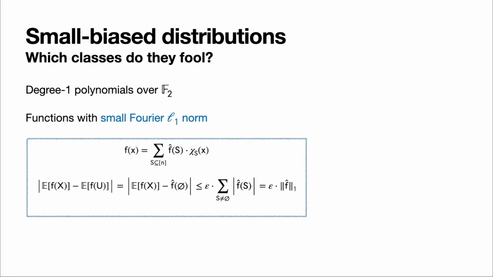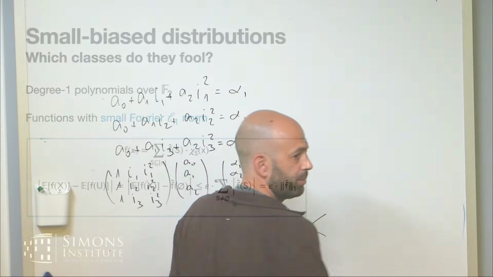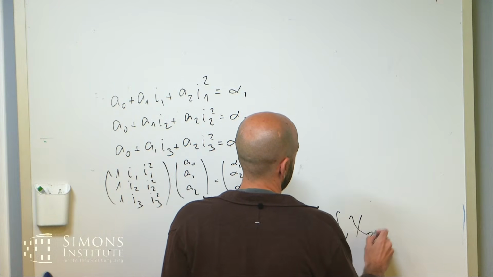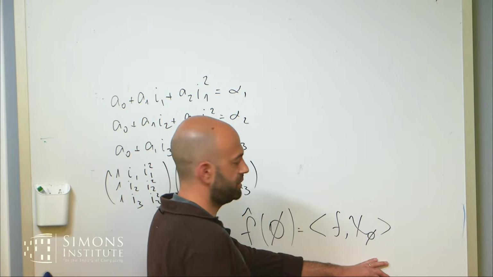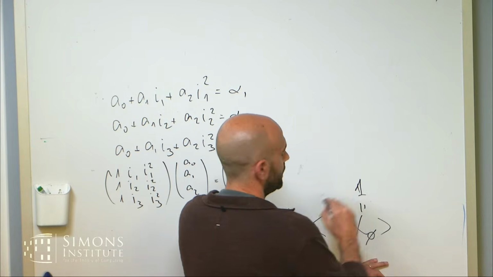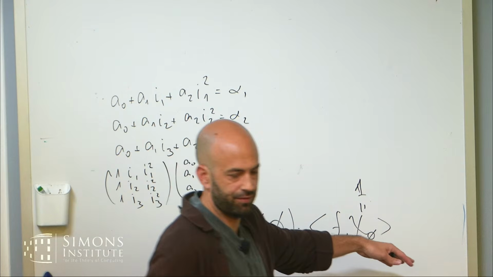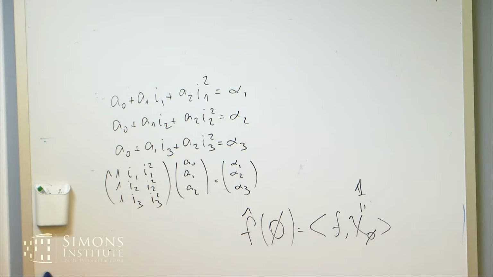Because what's f hat of the empty set? It's just the normalized inner product between f and chi of the empty set, which is just the all ones function. Okay, so this is the expectation of f under the uniform distribution.